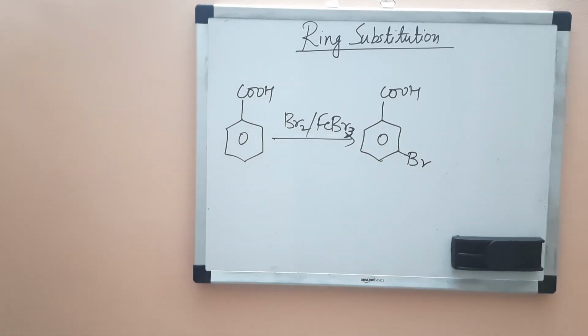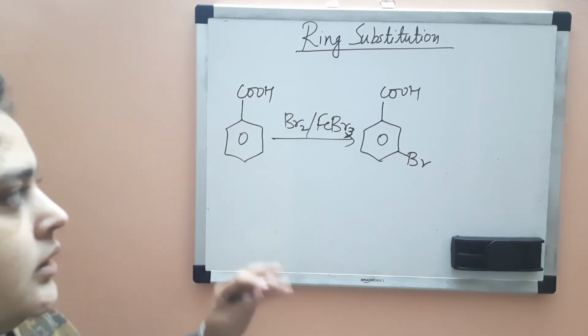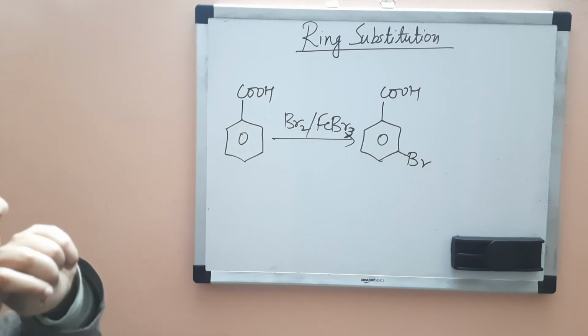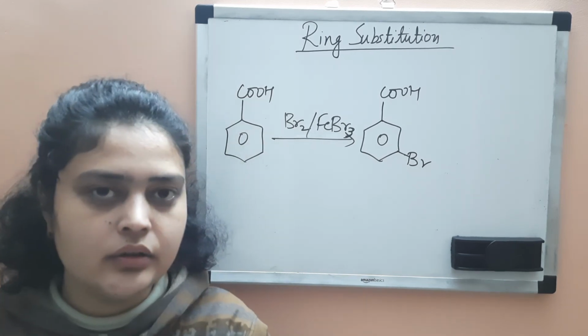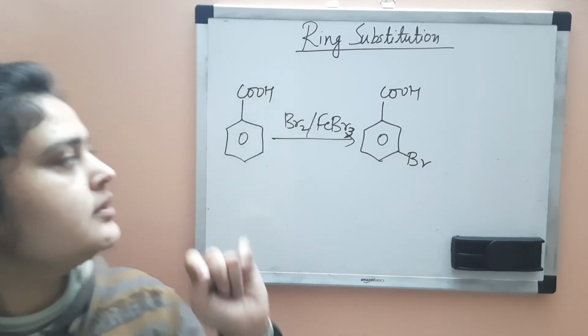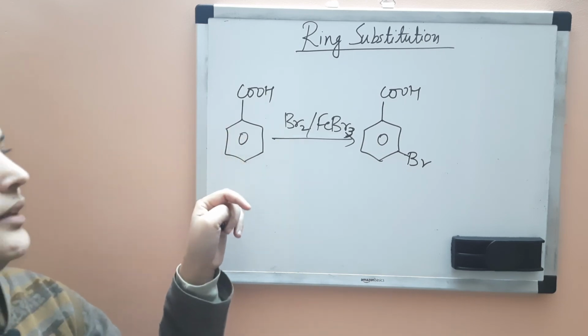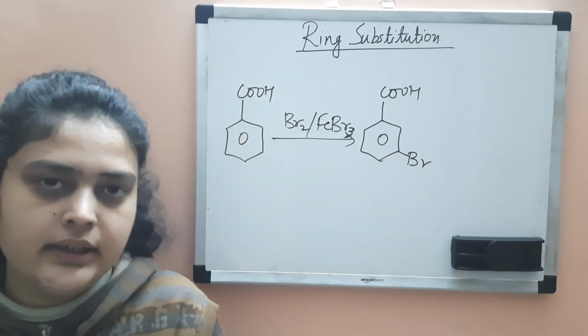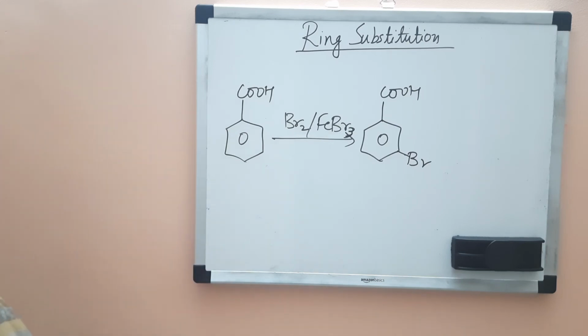Meta position. So this is how ring substitution occurs. Now the aromatic carboxylic acid, they do not undergo Friedel-Crafts reaction because this carboxylic group is deactivating. So your Lewis acid will get attached to the carboxylic acid group.